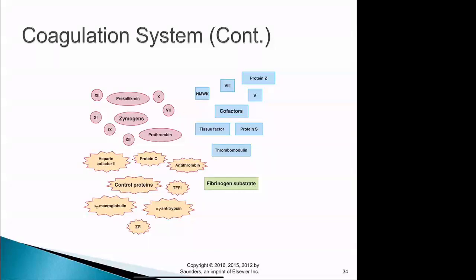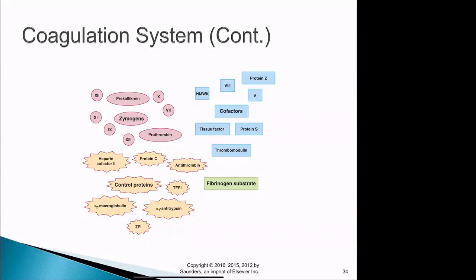This is a picture from your book. These are all the little proteins, factors, and enzymes that we're going to really get to know well during this course, and it makes things a little bit complicated. But when you do it over and over, you'll start remembering. So it's a little bit of memorizing here in Coag. We talked about some of the zymogens, which means that they circulate in plasma in an inactive form.